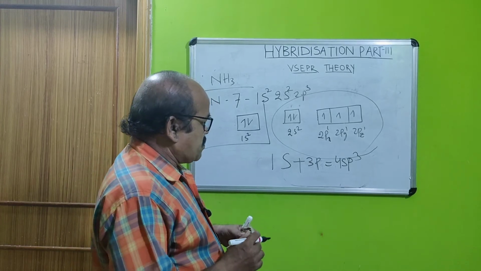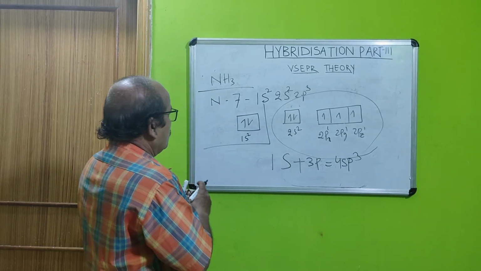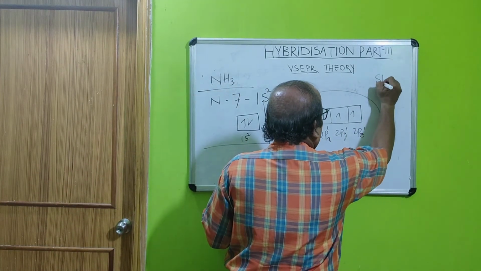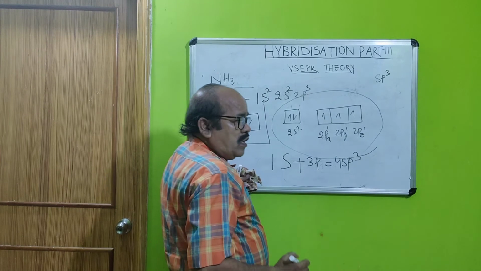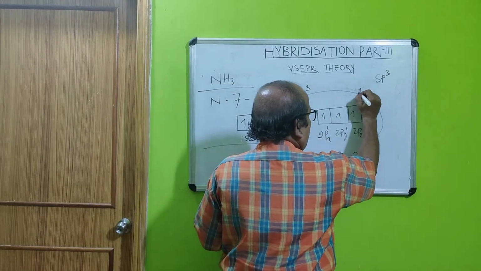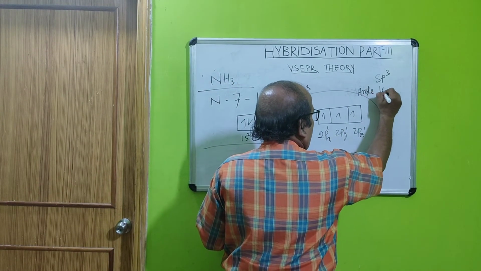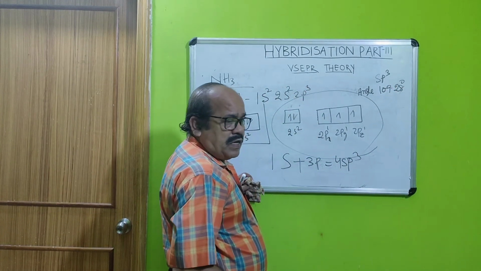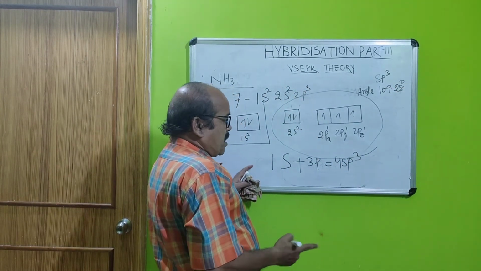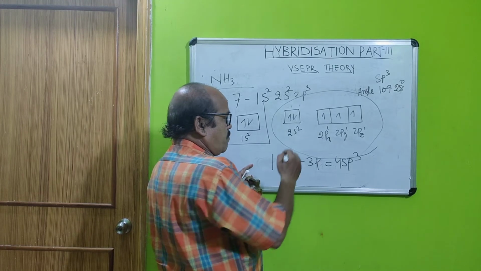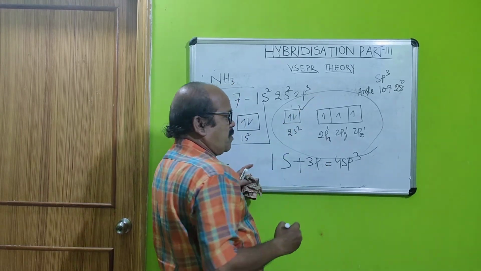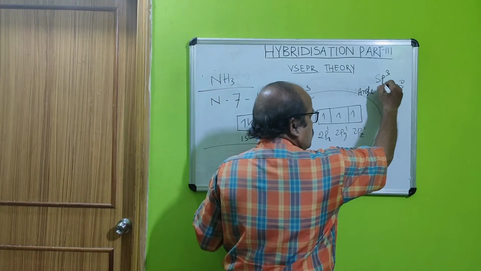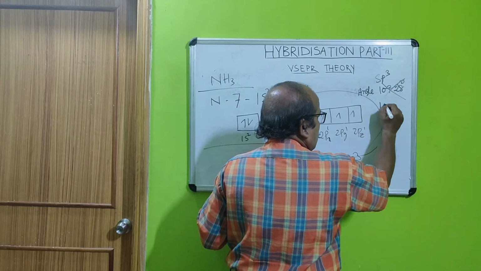Now, as it is sp3 hybridization in case of ammonia, the angle should have been 109.28 degree or 109.5 degree. But applying VSEPR theory, because we have a lone pair of electrons, the angle is reduced to 107.